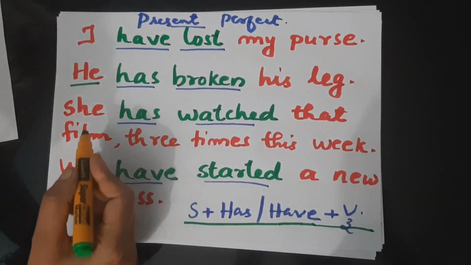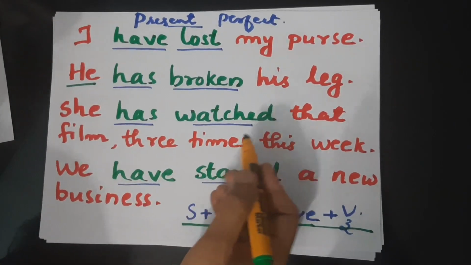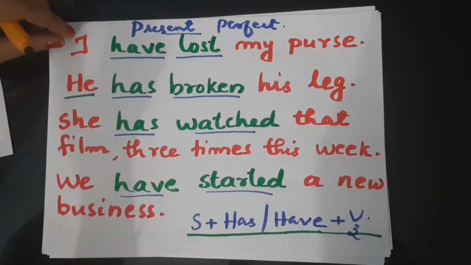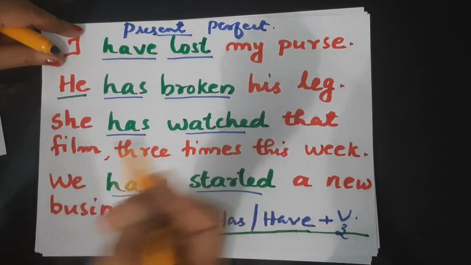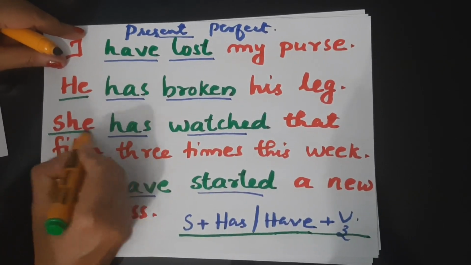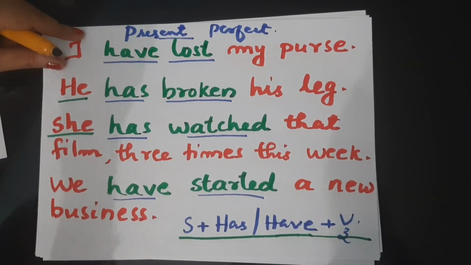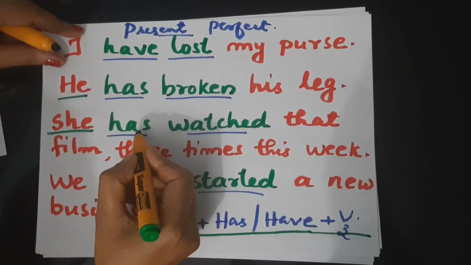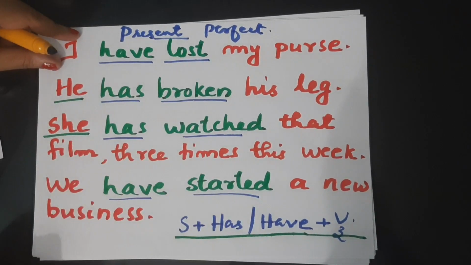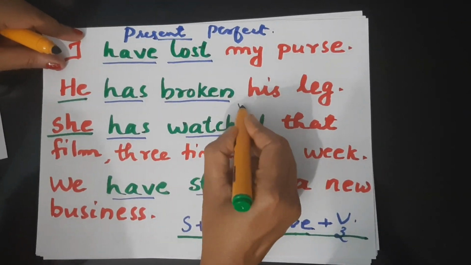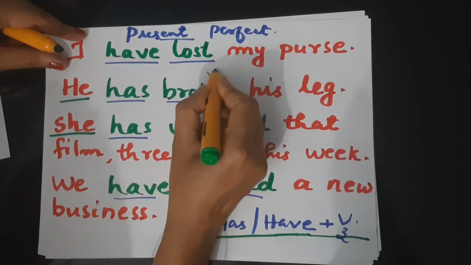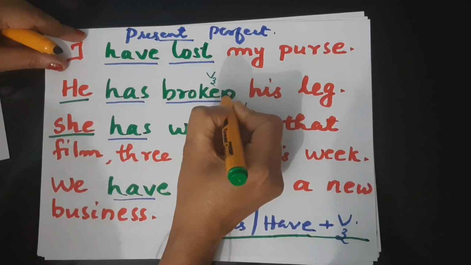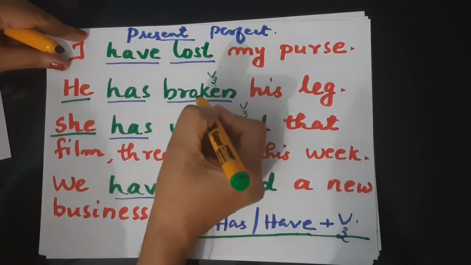Another example. She has watched that film 3 times this week. Okay, she has watched. She is a singular subject. That's why you use the singular verb has, plus V3 form of the verb, watched. Here also the V3 form of the verb, broken. Break, broke, broken.